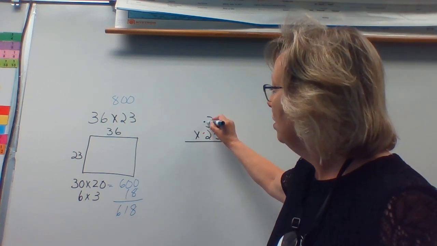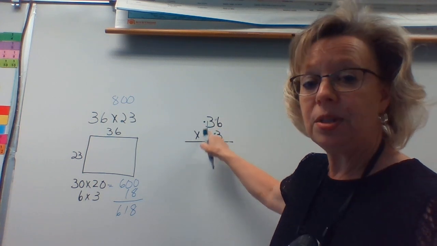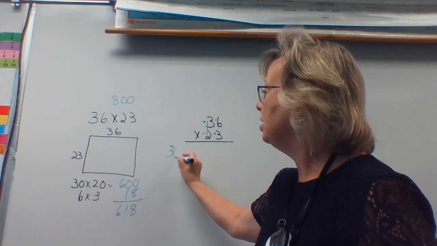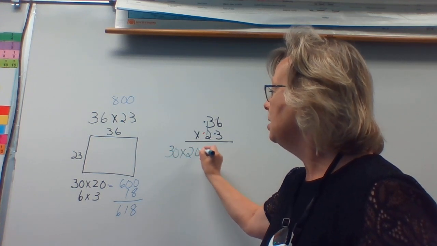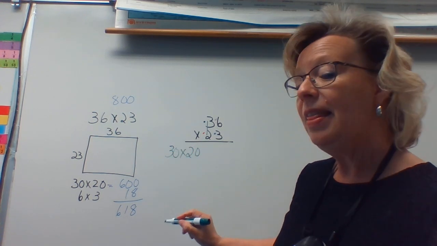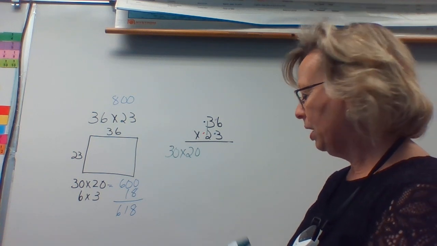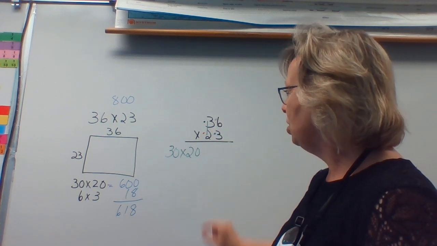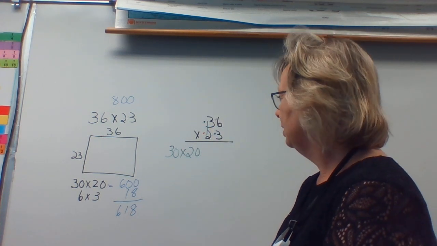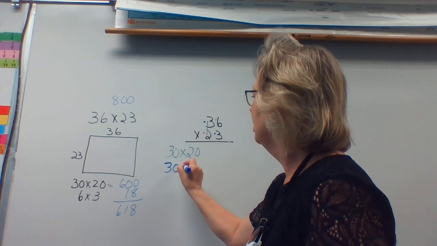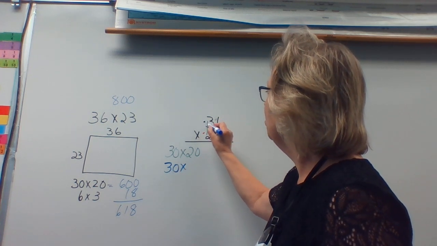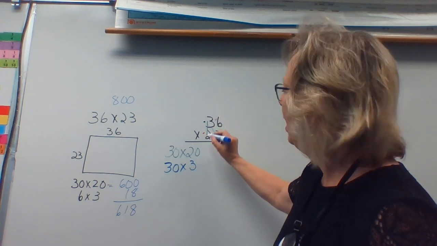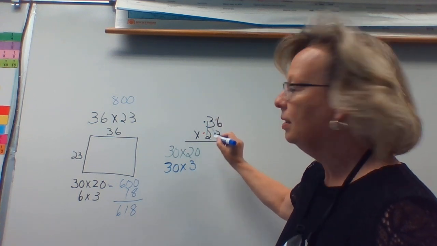What are these two numbers multiplied together? This is 30 and this is 20, so one equation is 30 times 20. Then I use my 30 and do 30 times 3. So I've done a straight line and a cross line.